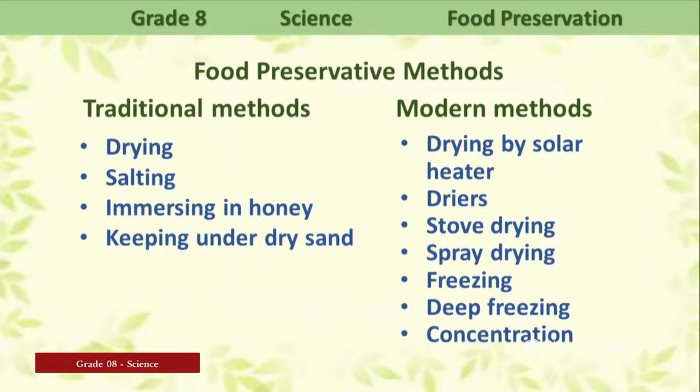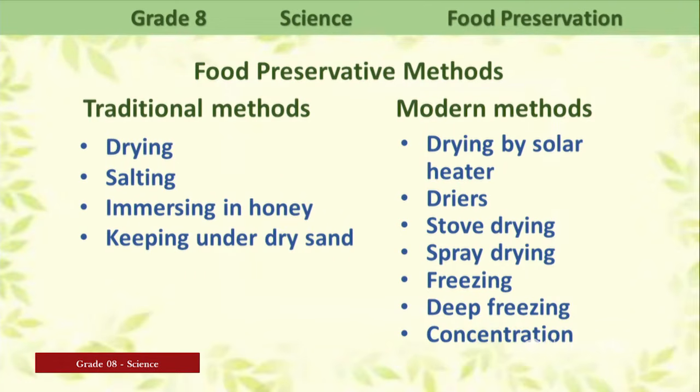Then dryers. Third one, stove drying, and the food substances are dried up in stoves. Spray drying is widely used in the production of milk powder. And freezing, the best method of preserving food items while controlling the temperature.